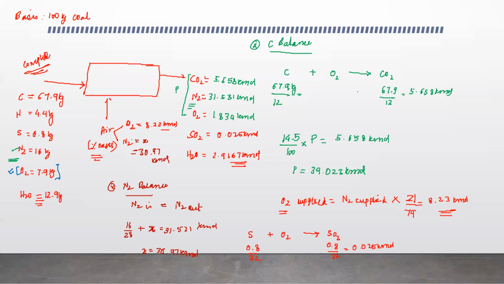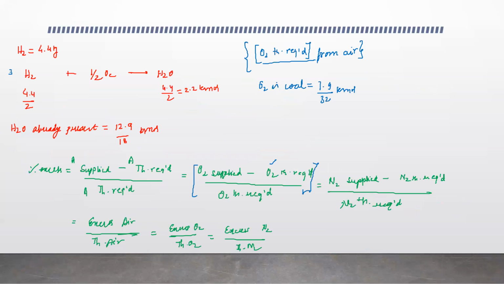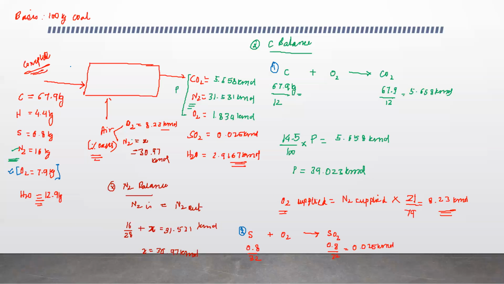Over here we have three combustion reactions taking place: reaction number 1, 2, and 3. So we need oxygen from all three reactions. From the first reaction, as you can see, the ratio is 1:1:1.